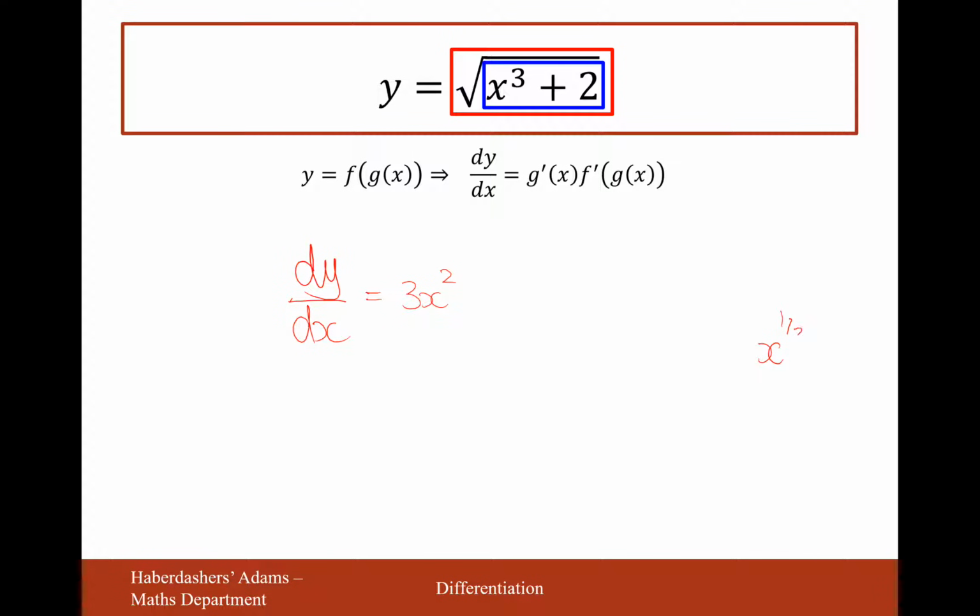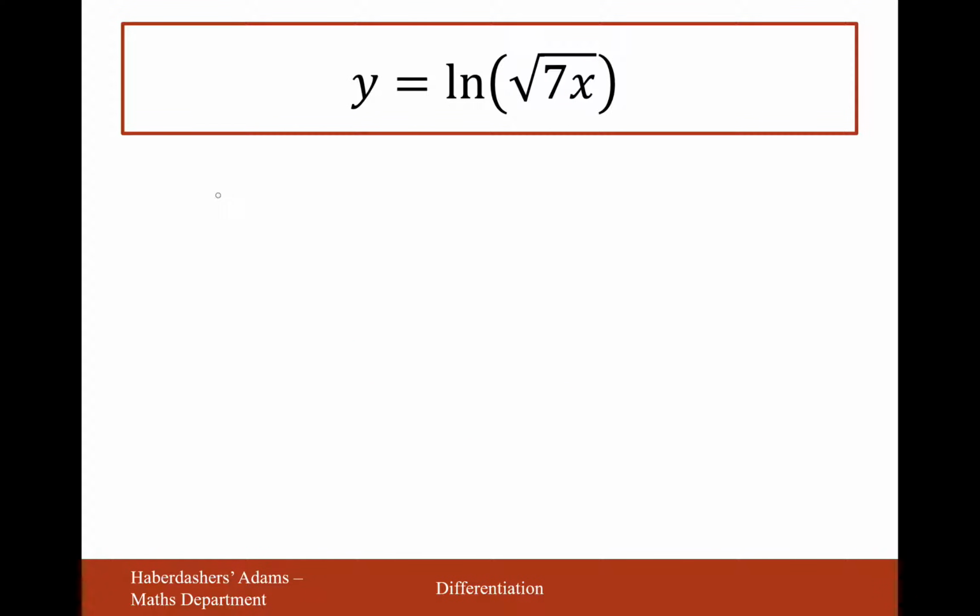Remember, this is effectively x to the half, so it's going to differentiate to a half x to the minus half, but it's not x that's going to be there, it's going to be x cubed plus 2. So it's going to be multiplied by a half bracket x cubed plus 2 to the power of minus a half. So it's going to be 3x squared over 2 times the square root of x cubed plus 2. Okay, so there we are, that's the answer to this question.